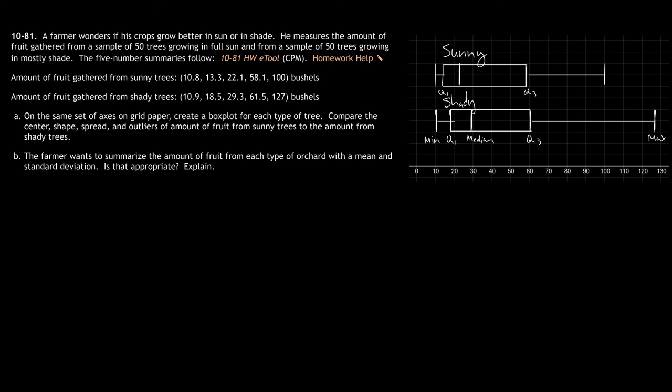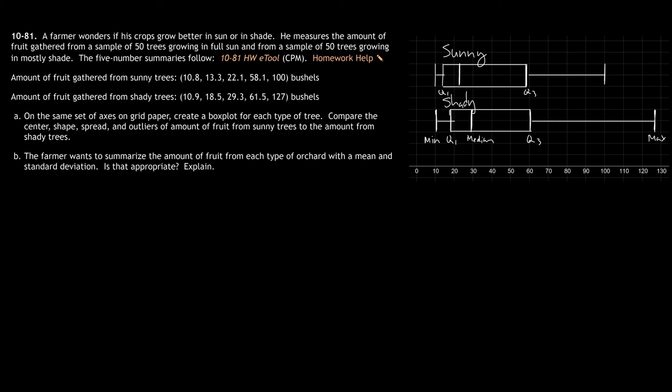It's hard for me to tell if we have outliers or not, but one thing we do know is that these two distributions are not symmetrical, right? If you look at the median and Q1, Q3 in both, they're not in the middle of the graph. You can see the bulk of the data is shifted off to the left, and because of that, if we were to look at this as a histogram, these are both skewed to the right.